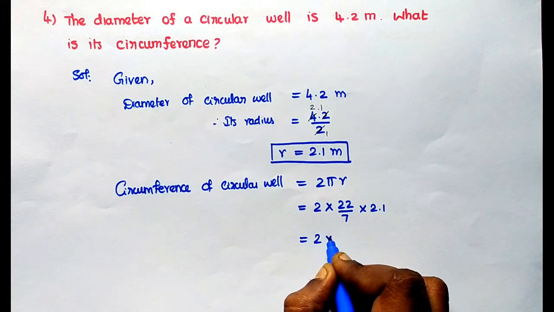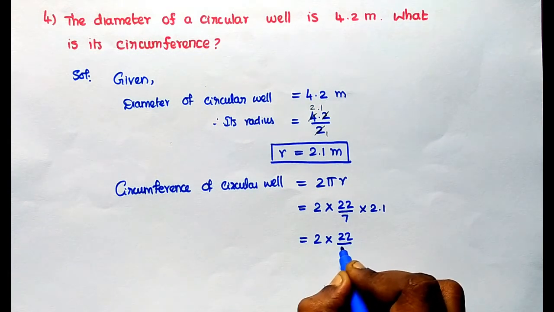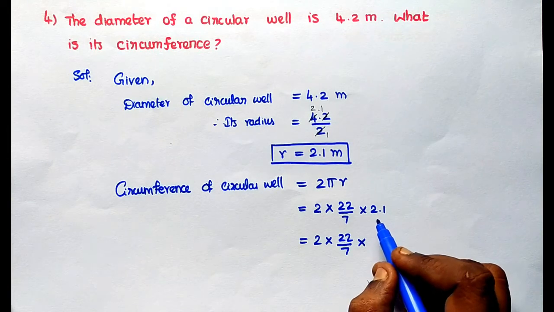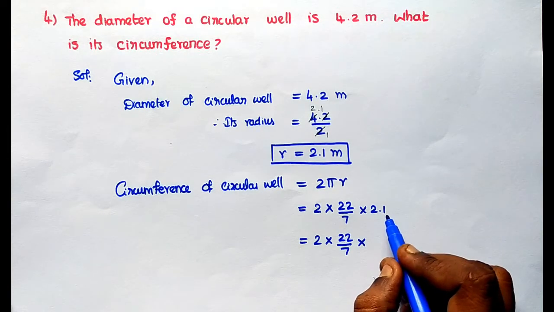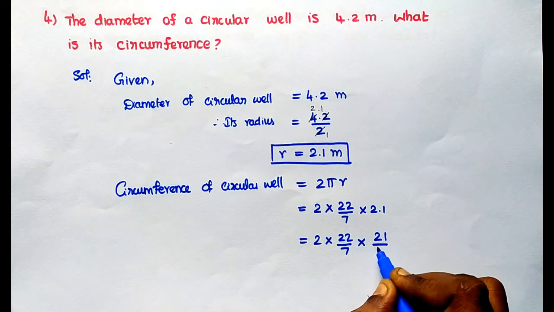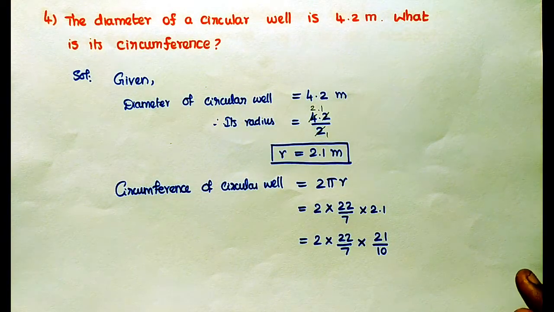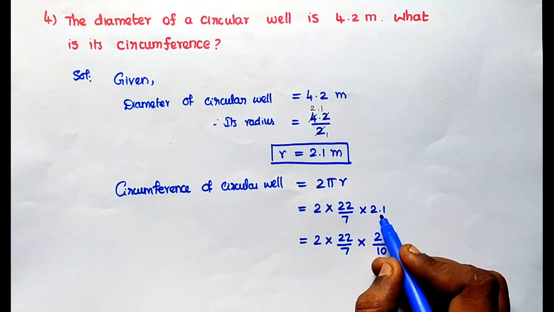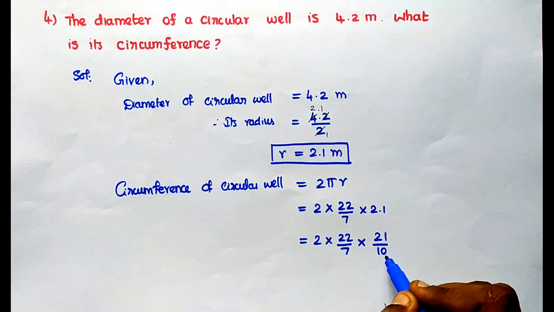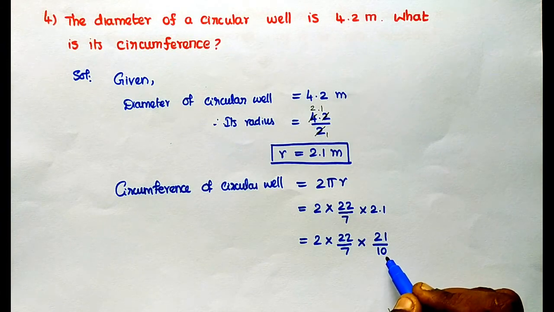Listen here carefully. I write the number 2.1 like this, 21 by 10. Is it right? Yes. After the decimal point, one digit is there. So put 10 in the denominator.